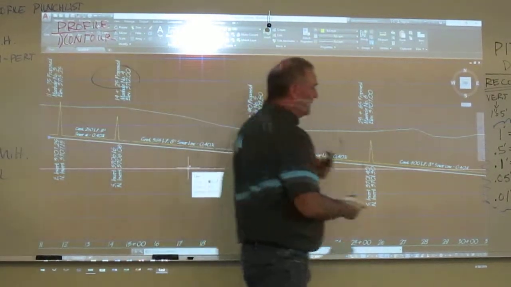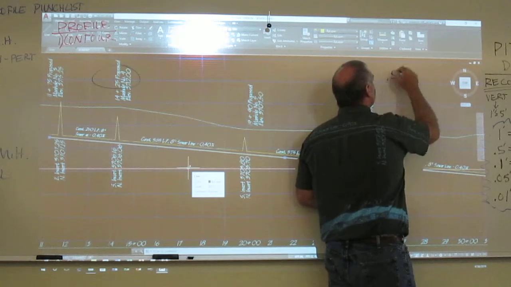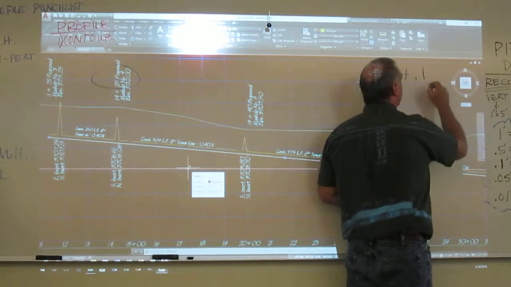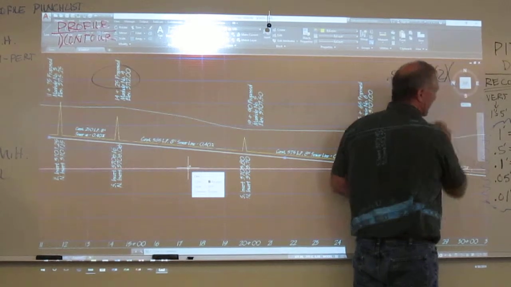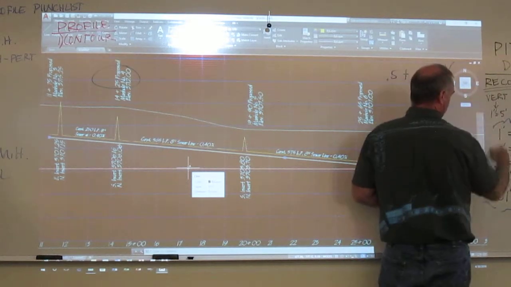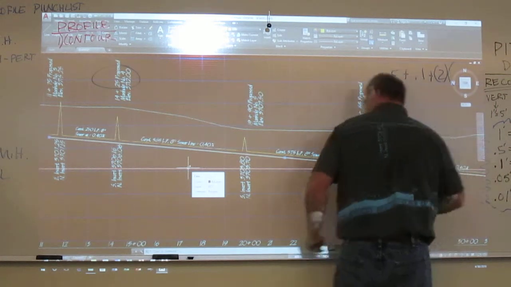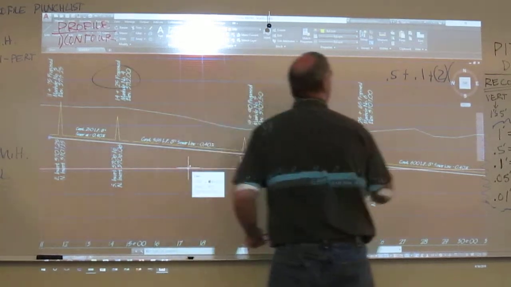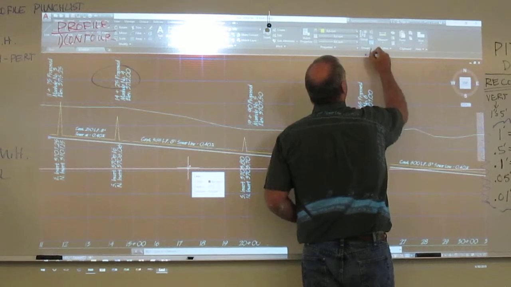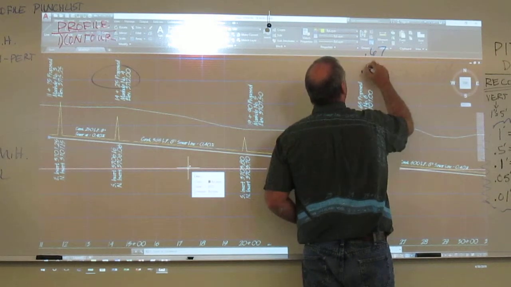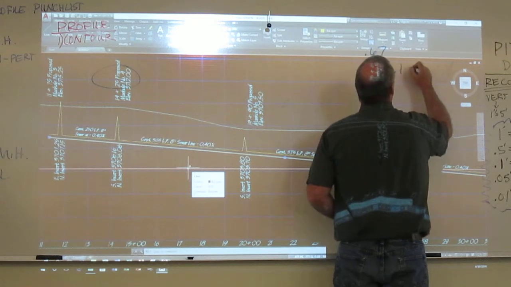So to get 0.67, I got 0.5 plus 0.1 plus 0.05 plus 2 times 0.01. So I'm taking 0.67 and breaking it down.